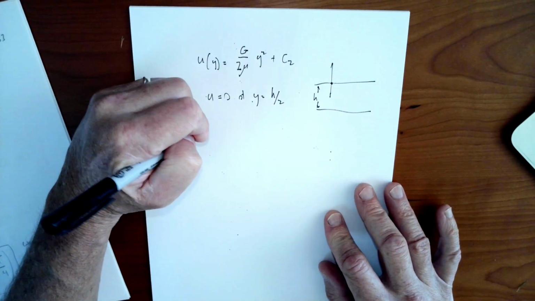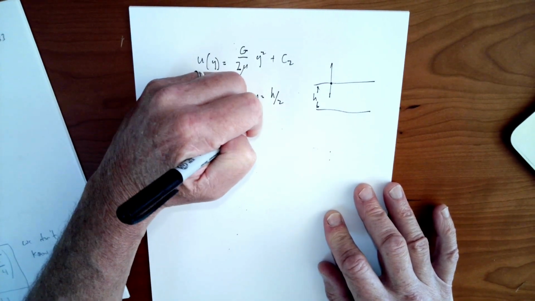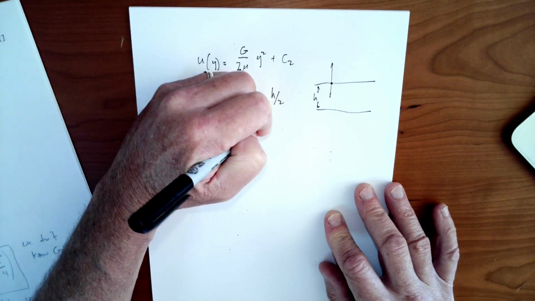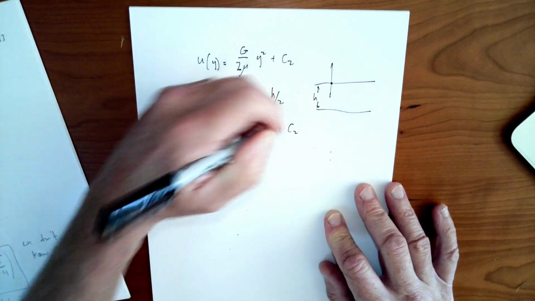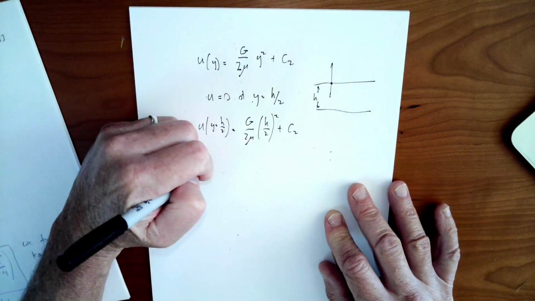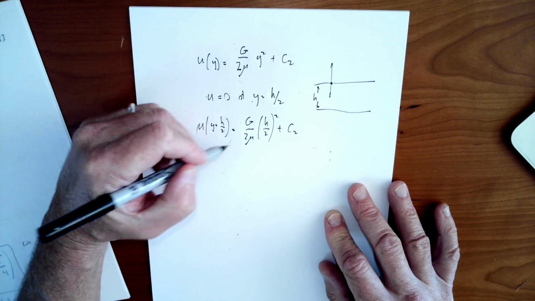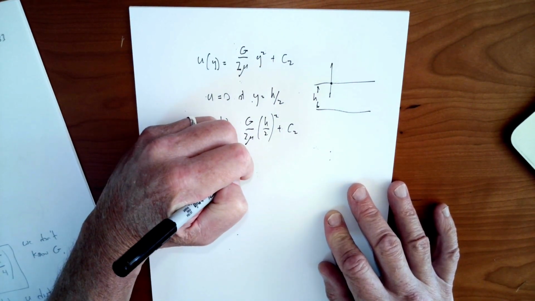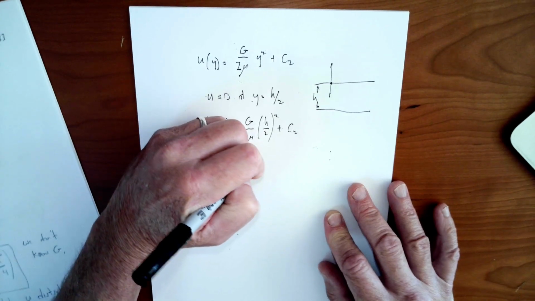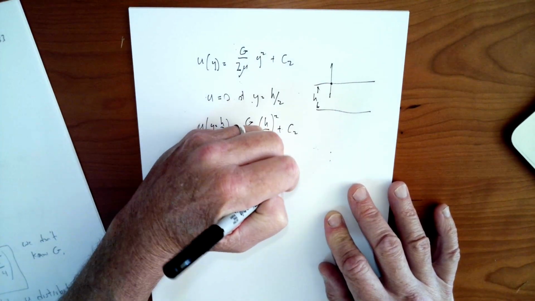We have u at y equals h over 2 is equal to g over 2 mu times h over 2 squared plus c2. I set this left-hand side equal to 0 because that's what the velocity has to be at the wall. So 0 on the left is equal to g over 2 mu times h squared over 4, plus c2.